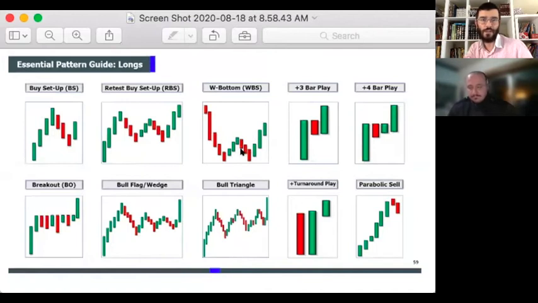So it's very likely that that can happen here, but it's also likely that it could turn into what we call a sell setup, the opposite of this, where it keeps on going down again. These are all things that we can learn in technical analysis.